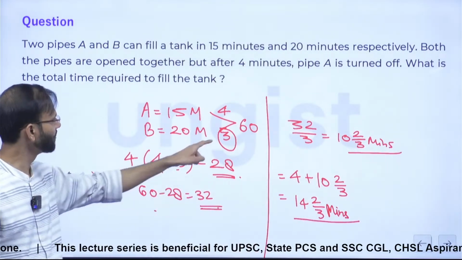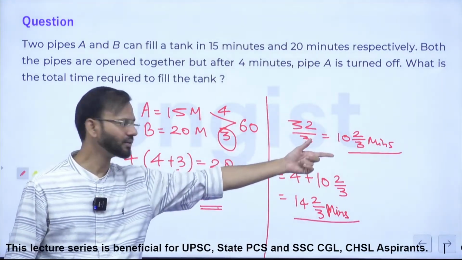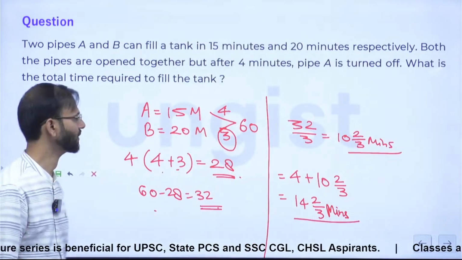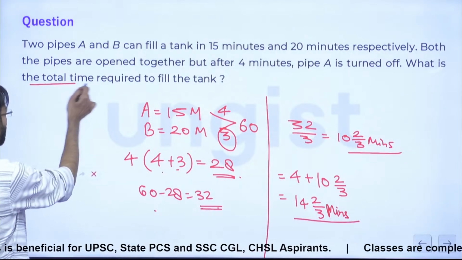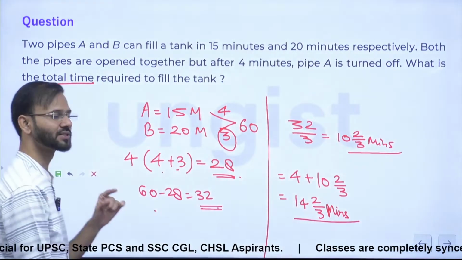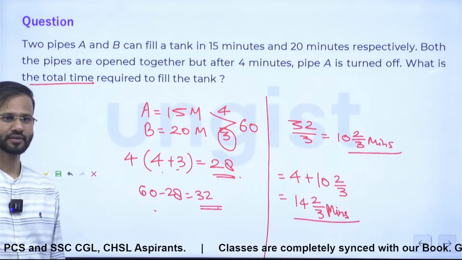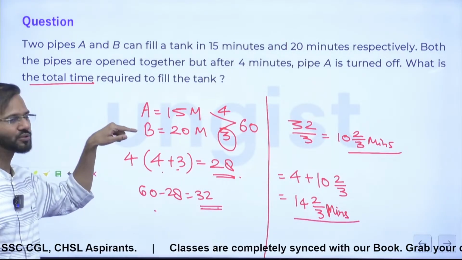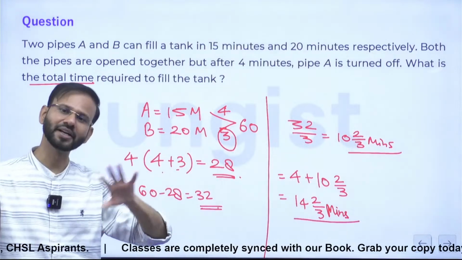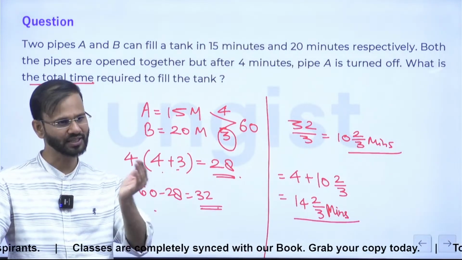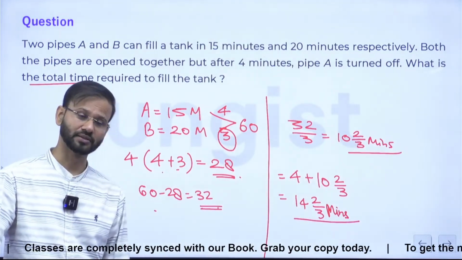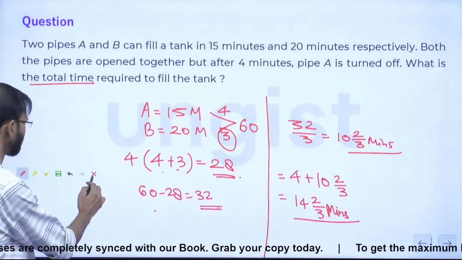So they will be filled by B in next 10 2 by 3 minutes. And the question is saying what is the total time required? Guys, in these type of questions, read the question carefully. What has been asked, right? They may ask the total time also, or they may ask the remaining time, I mean what is the more time required.